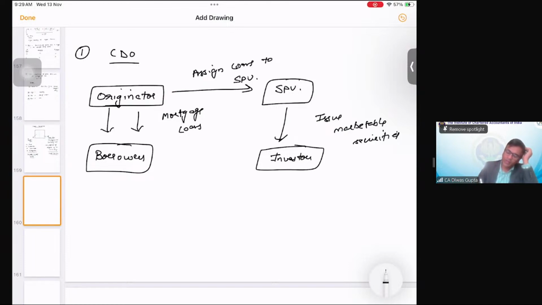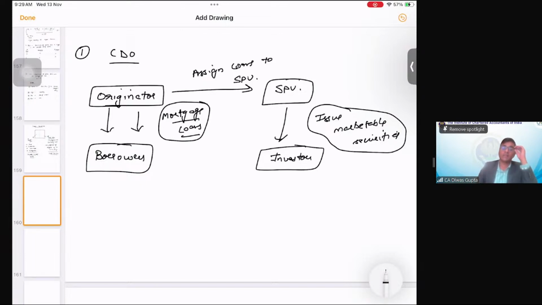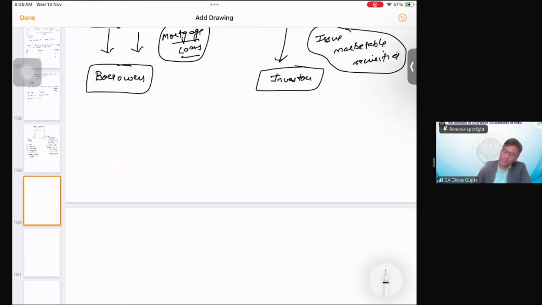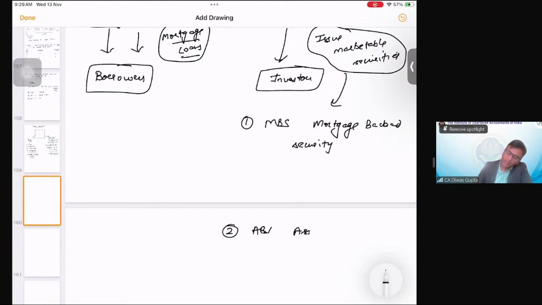So this process of converting these illiquid assets called mortgage loans into marketable securities was called securitization, right? And here we said that these marketable securities can be of two types. One is MBS, which is mortgage backed securities, and second is ABS, which is asset backed securities.